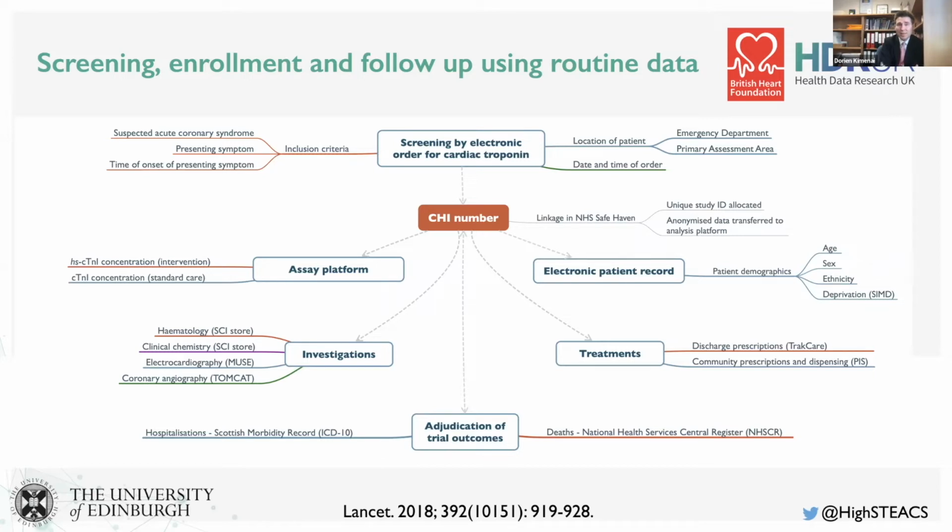And then we used linkage to the assay platform, the patient record system, outpatient prescribing in Scotland, and a variety of investigations. But also crucially, because it was a diagnostic trial, rather than relying on routine data for the primary outcome of the trial, we adjudicated all subsequent hospital admissions across all of these sites where troponin concentrations were elevated.